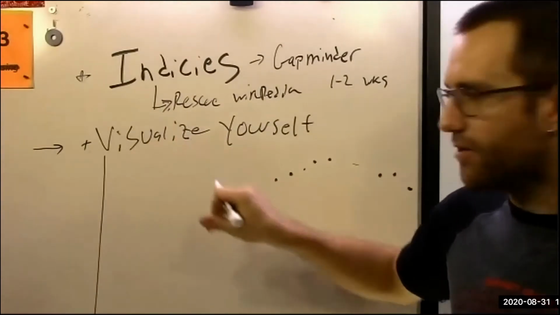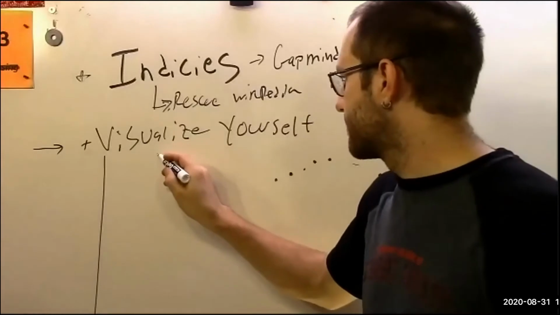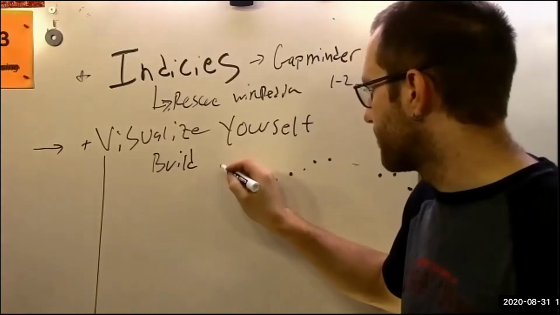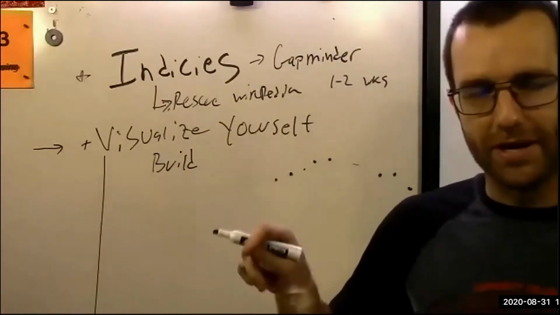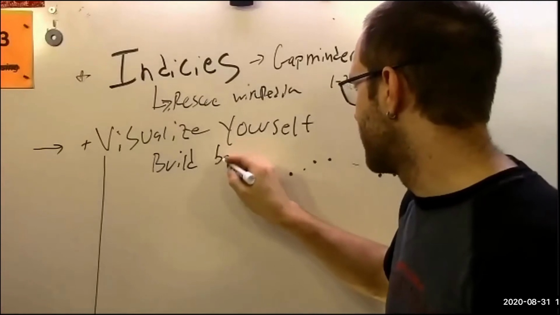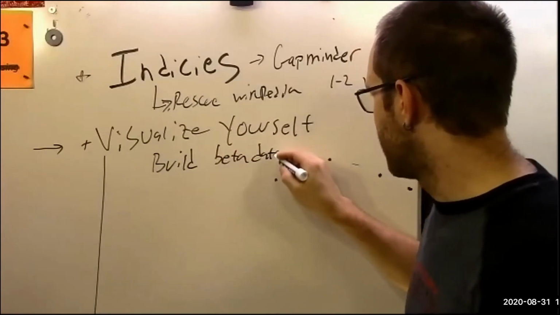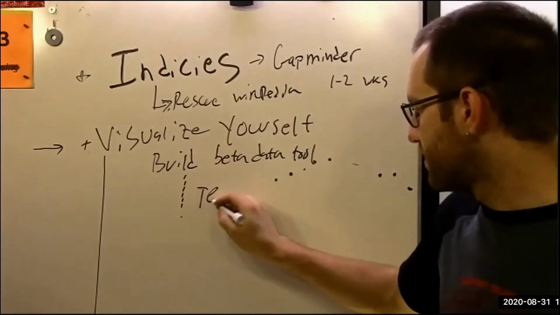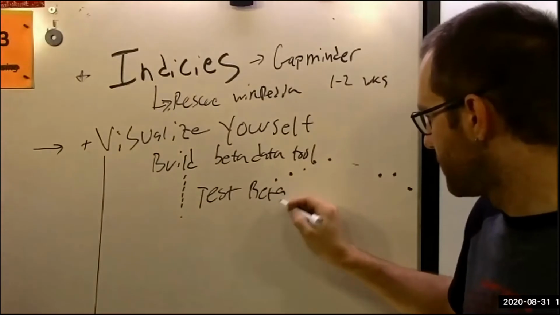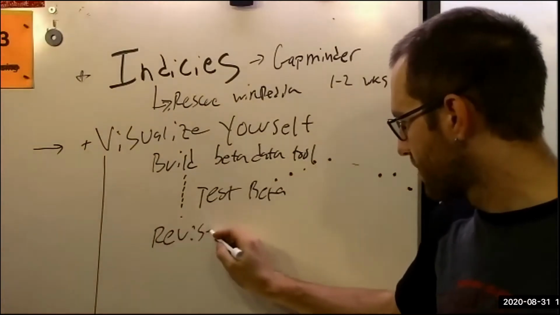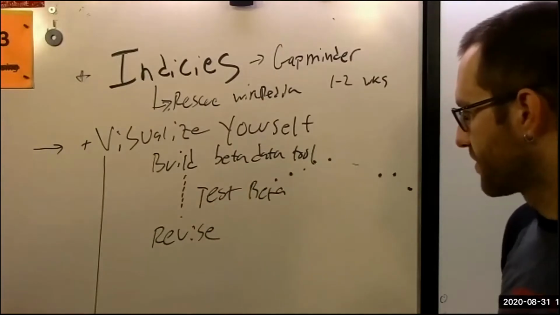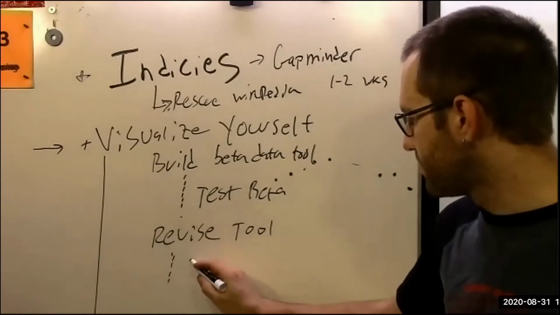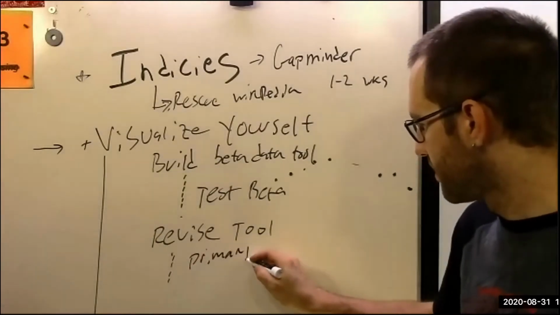My ultimate goal is that the sequence will be: you'll build a beta data gathering tool, so you have time to test that beta tool, revise how you are aggregating and recording data, and continue, so then maybe your primary phase.